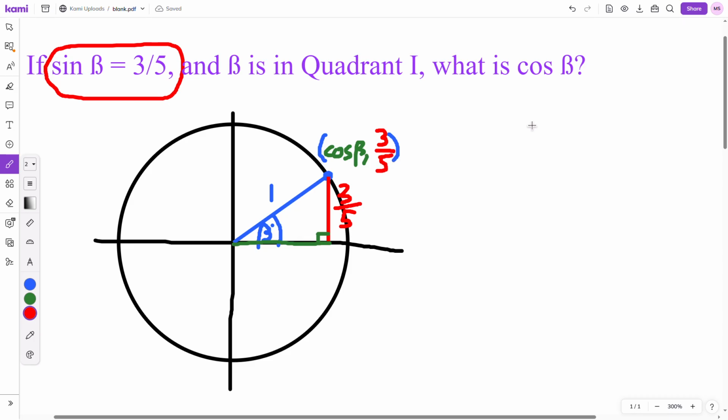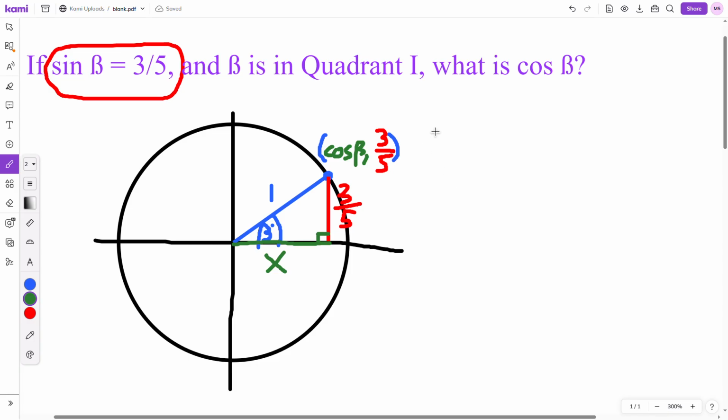So if we can figure out the value of that green line, let's call it x for now, we would have the cosine. We have two sides already known. It's a right triangle, so we can just use the Pythagorean theorem. This is something you could have solved years ago, if you knew all your other trig identities and ratios.